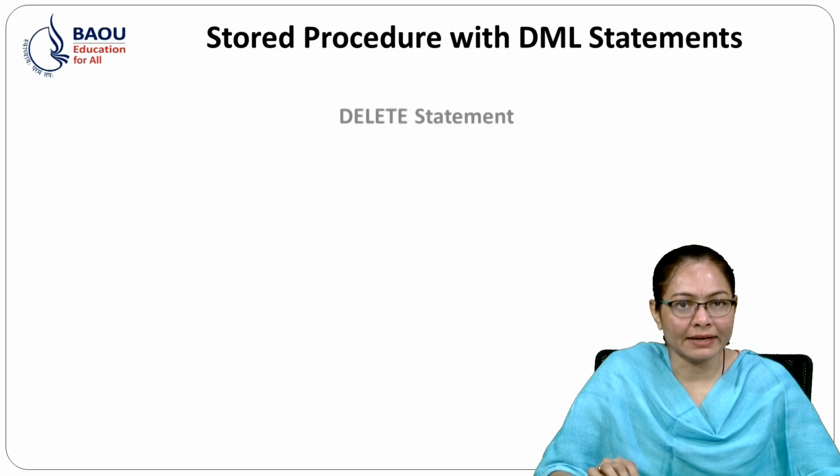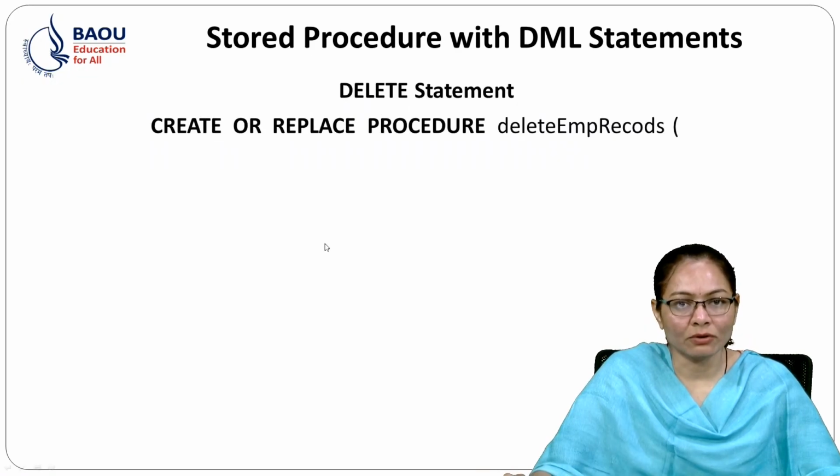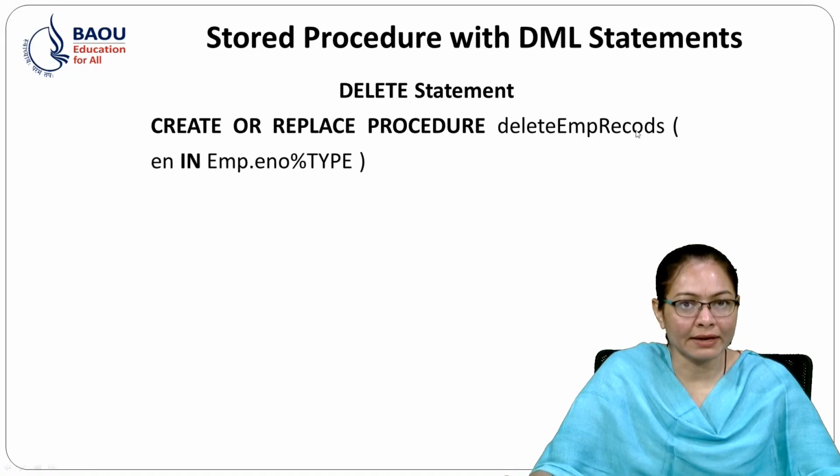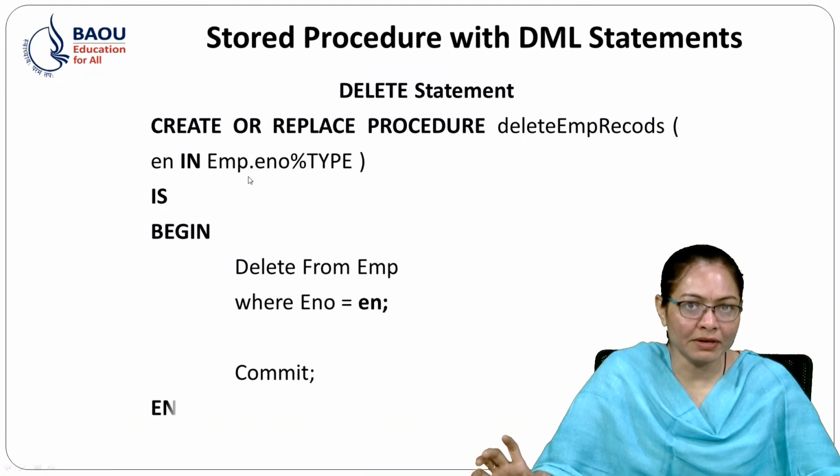Now we create the stored procedure using the delete statement. Create or replace procedure, then delete employee record, in the bracket employee number in employee table dot employee number percentage type. We will create a stored procedure which will delete the record based on an employee number.